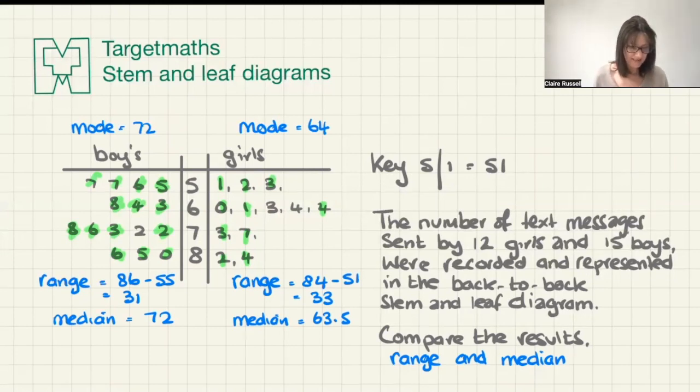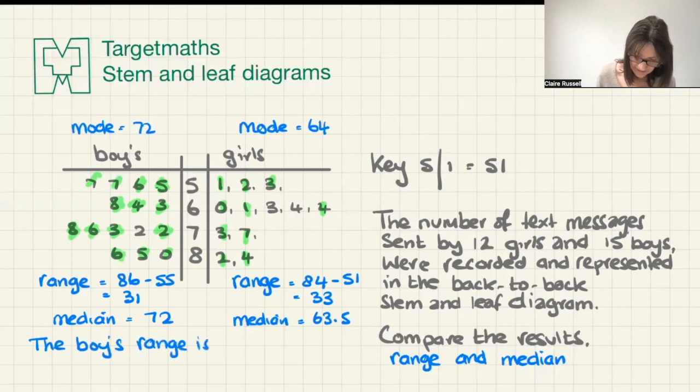So I might say the following statement. I'll see if I can squeeze it in the space that I've got. So the boys' range is smaller than the girls' and the median is higher.